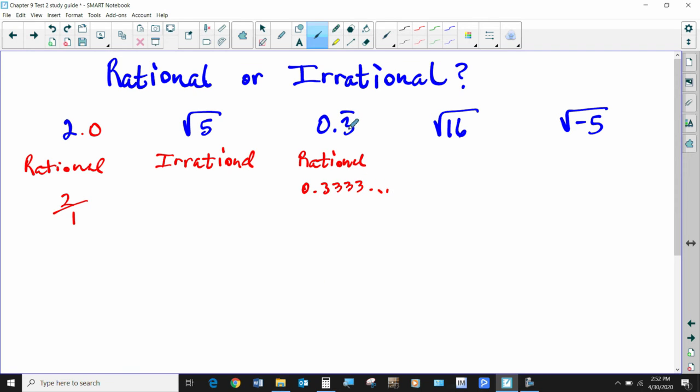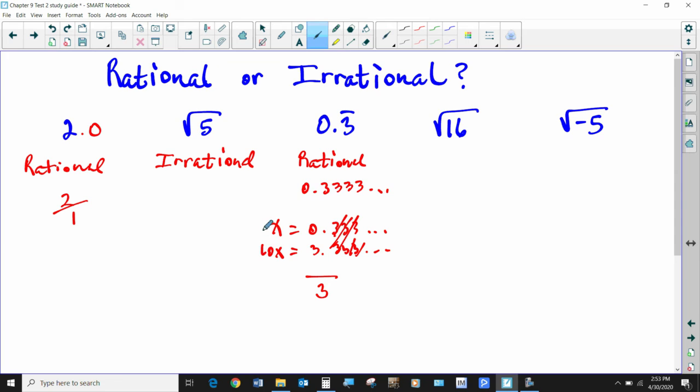And if we were going to write that as a fraction, I'm not sure if you remember this from our lesson, but if we said that x was equal to 0.333 forever, and then 10x was equal to 3.333 going on forever, then when you subtract 0.3 repeated from 3.3 repeated, you get an answer of 3.